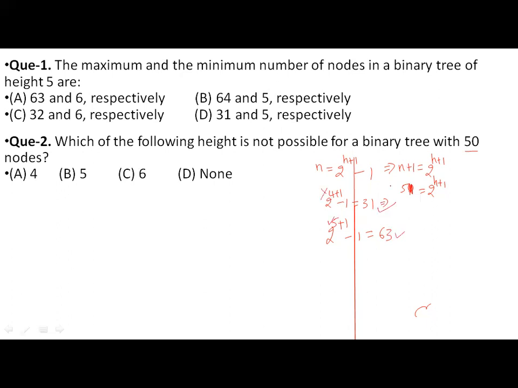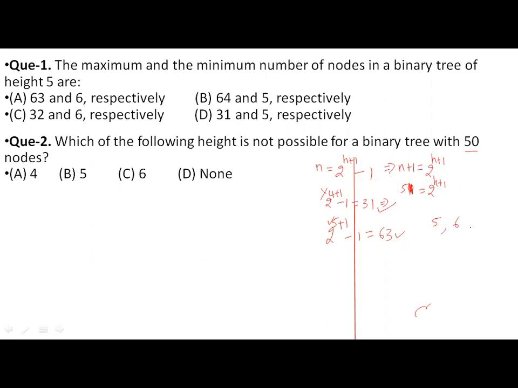With height 4 you cannot include all 50 nodes, because it can accommodate only 31 nodes. Since 50 is greater than 31, if you want to include 50 nodes, you should draw a tree with height at least 5. Even 6 is also possible.